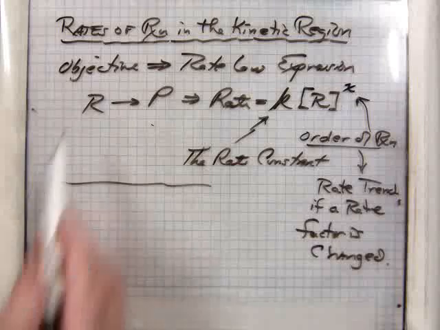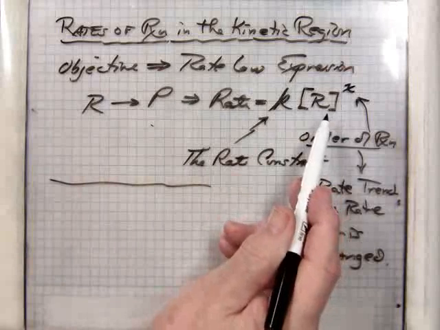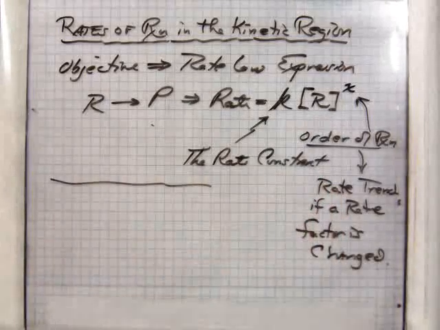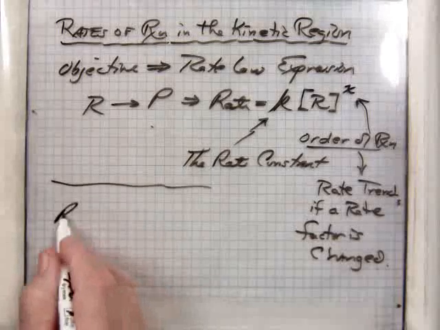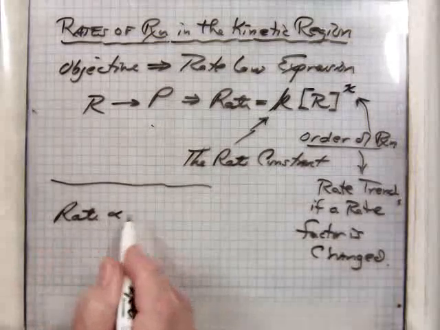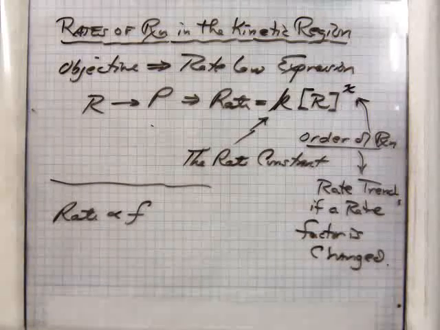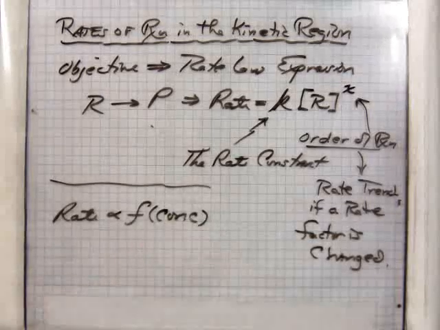So in the objective in writing a mathematical expression like this, what we're going to do is write rate proportional to a function of one of the rate factors. So rate proportional to a function, the first one in our list is concentration. Now, what does that mean?